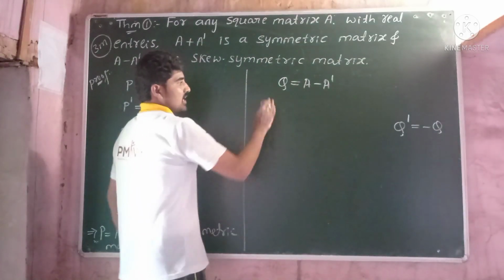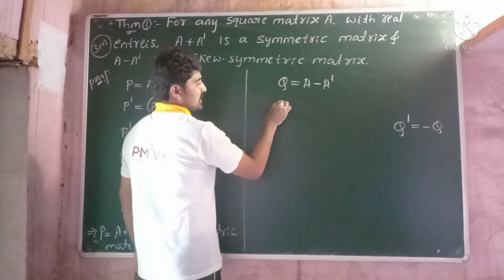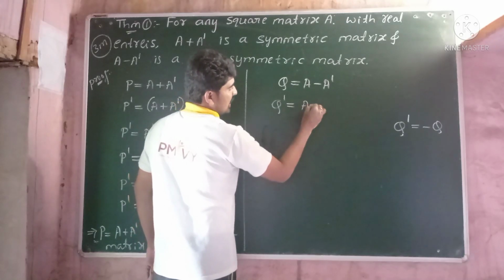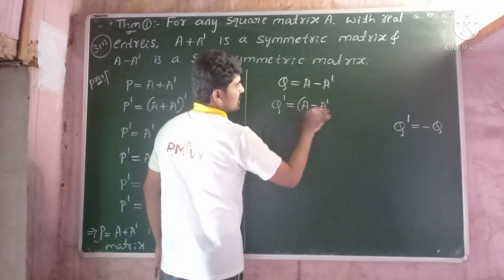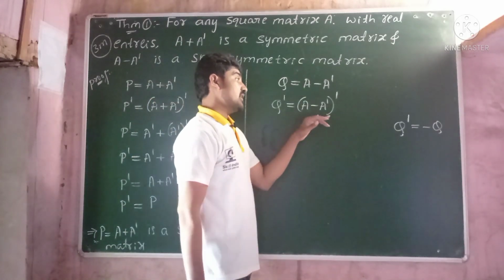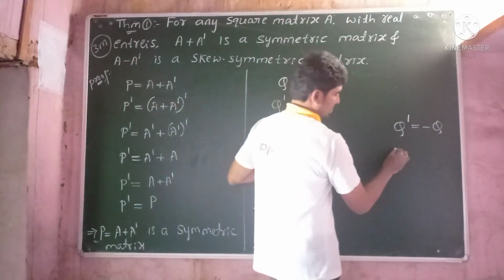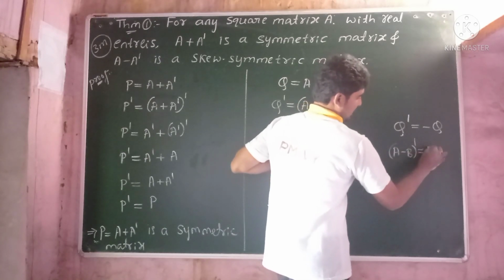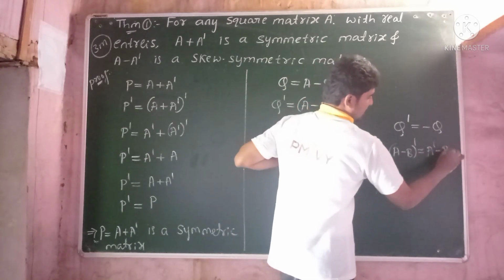So for that, taking transpose on both sides, Q dash is equals to A minus A dash whole dash. Now by using the property of transpose of a matrix, that is, A minus B whole dash is equals to A dash minus B dash.